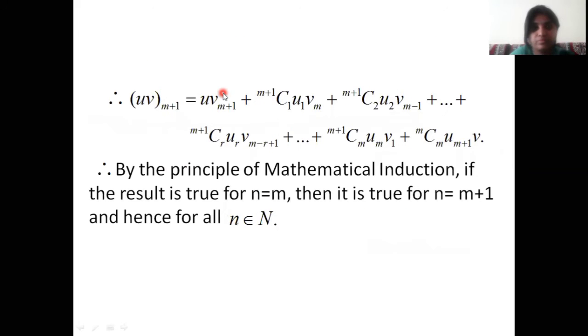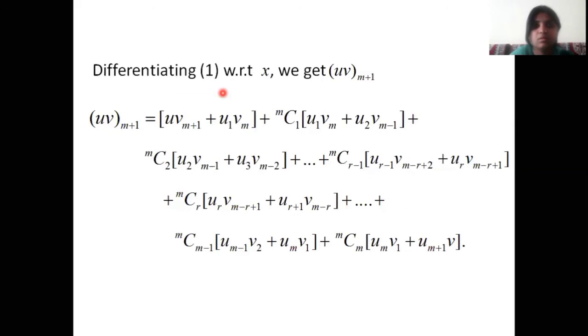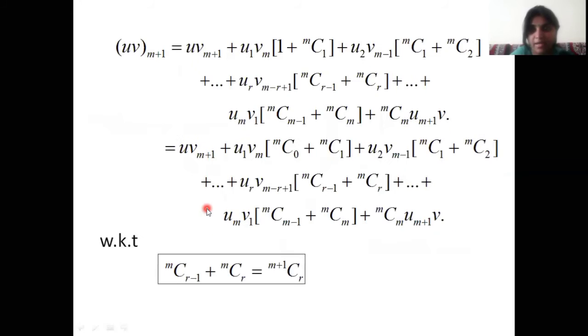Up to, see here, in these two terms I have u^r v^(m-r+1) common. So I have taken that outside and I have written mC(r-1) plus mCr inside the bracket.